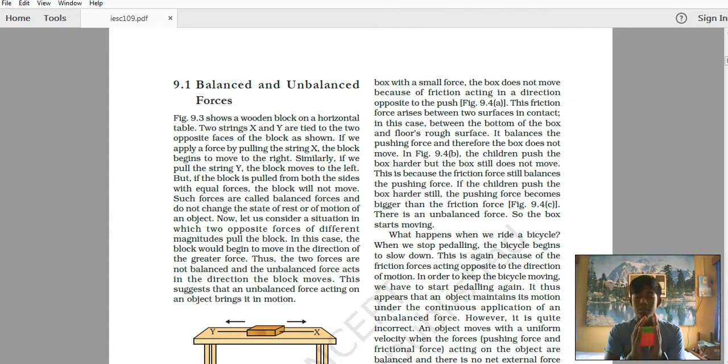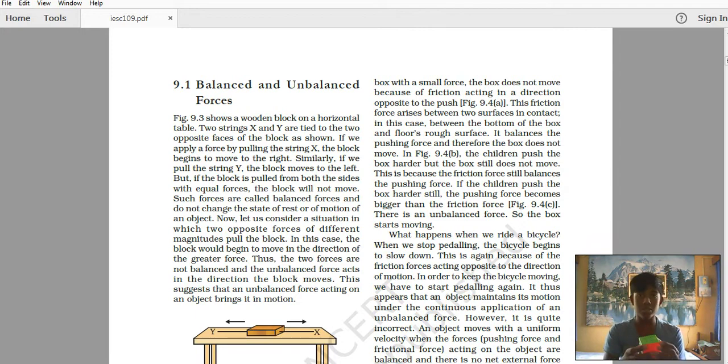If the magnitude of the force this body applies is equal to the force the other body applies, then it is known as balanced force. Suppose this body applies 4 Newton of force and this body also applies 4 Newton of force, then this is called a balanced force. If balanced force occurs, then the body will always be at rest.